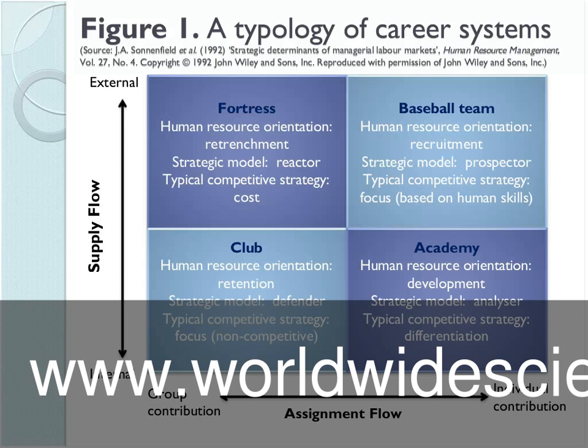The other axis is labeled assignment flow, which you can see on the horizontal line, and which describes the basis on which individuals are assigned new tasks in the organization.